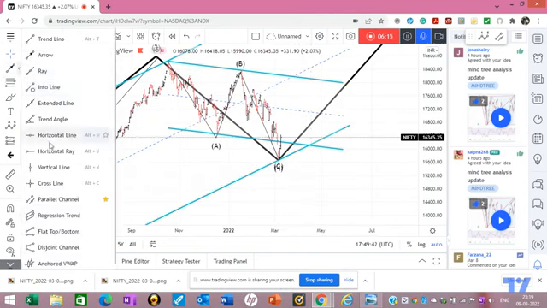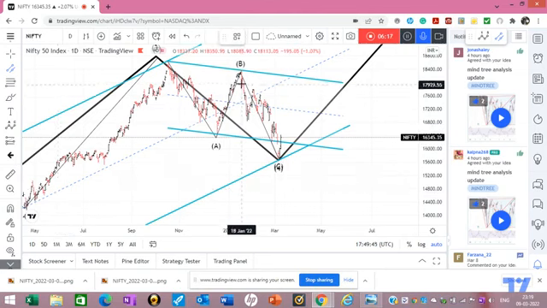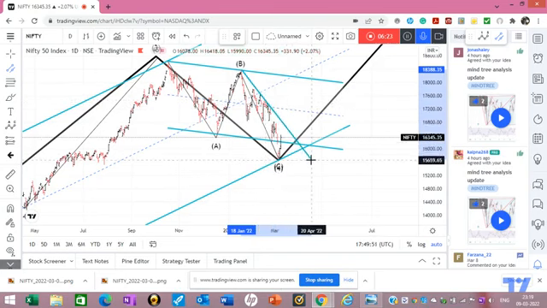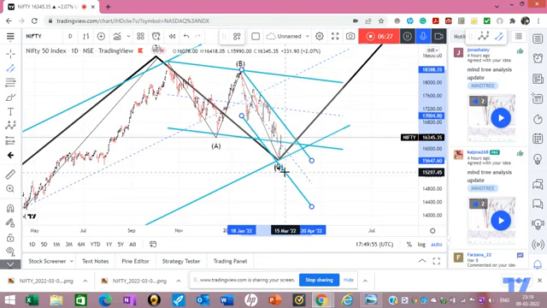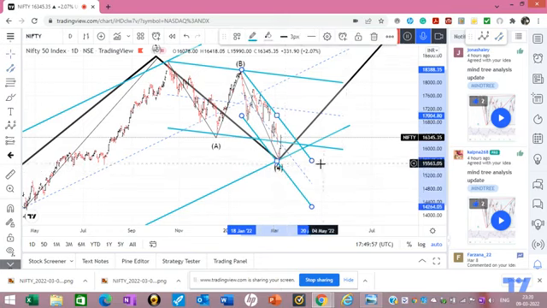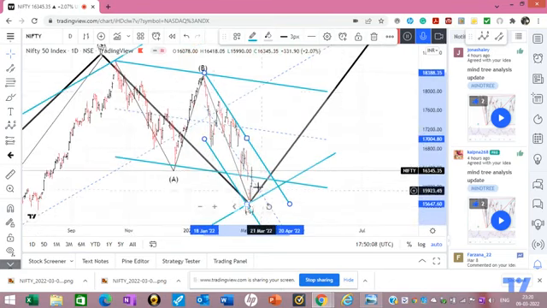I'm drawing simple channels. Once this breaches this point, it has already breached the center. So this price action is happening within parallel lines, and this price action should breach this point at least.